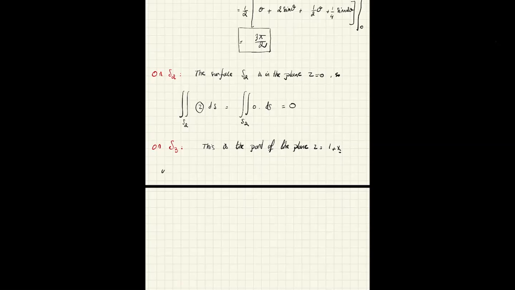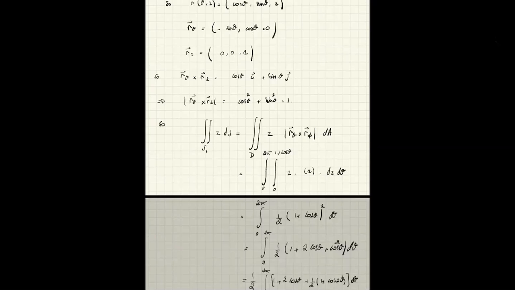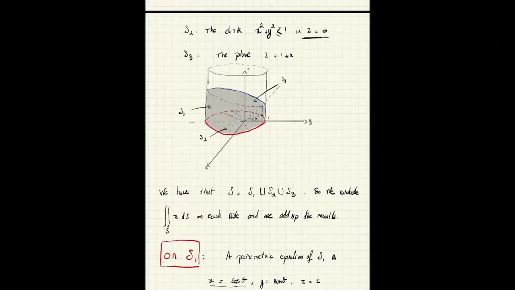with X, Y inside the disk, right? So if you take the plane and you take the projection of this ellipse on the XY plane, it's gonna give you the circle here, the disk.